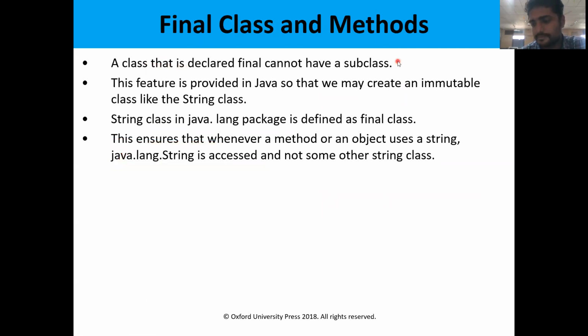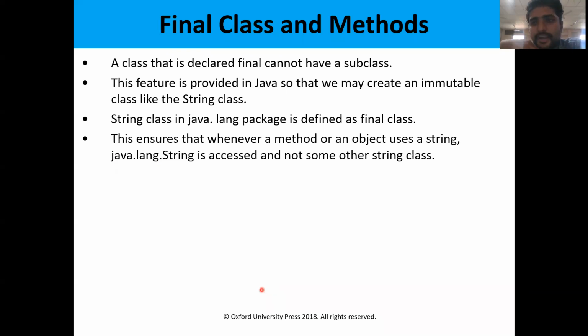So next one, final class and final methods. Final is a keyword, which is used as a modifier here. That means if you declare any class as final, we cannot create subclasses.